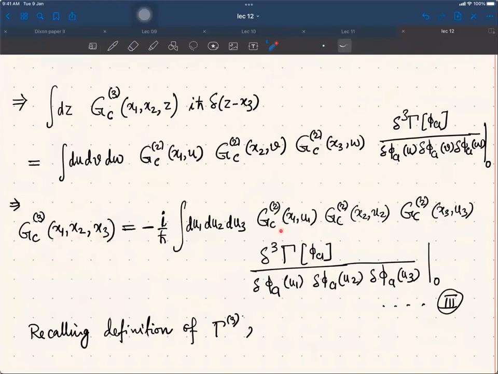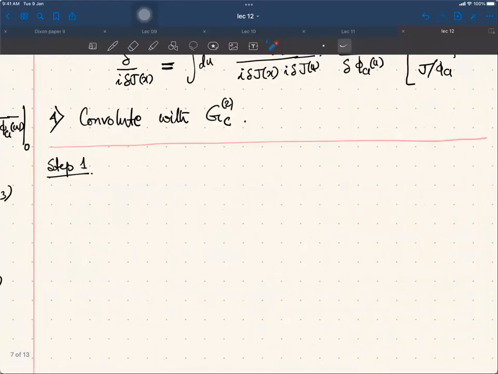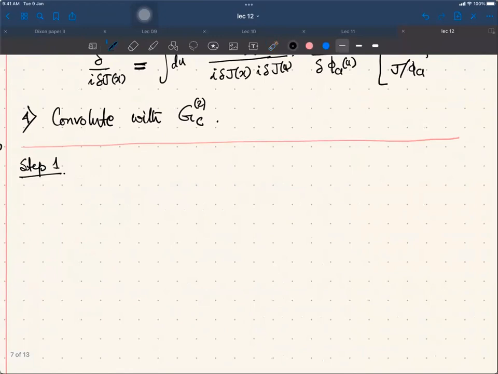Similarly, each of these g2 will be replaced by second derivative of z with respect to ij at these 2 points in the argument. Okay, that is how it should look, and one should remove this at 0. So this will be at arbitrary value of phi cl. That's the equation that one wants to start with. So step 1 says that from equation number 3 we get this equation.